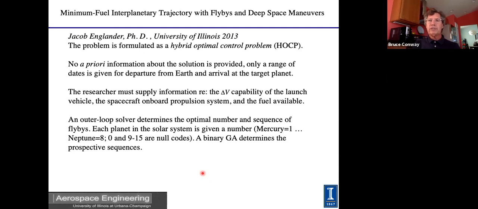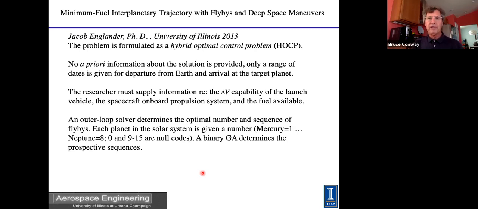So we wanted to create an automaton that would solve this complicated mission planning problem with almost no a priori information provided. Simply a range of dates that are allowable for departure from Earth and allowable for arrival at the target planet.